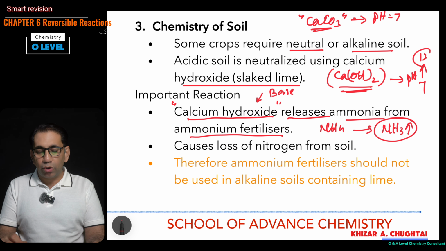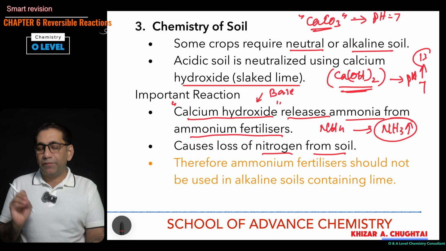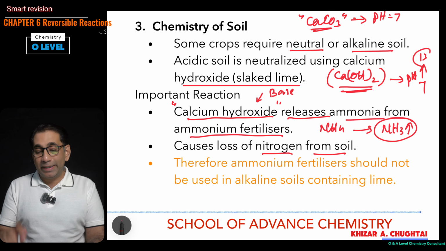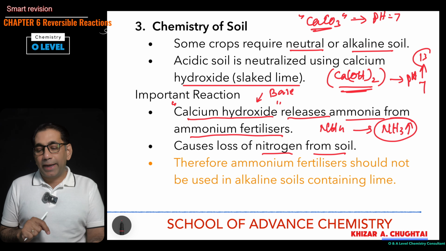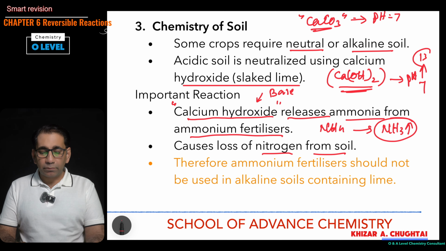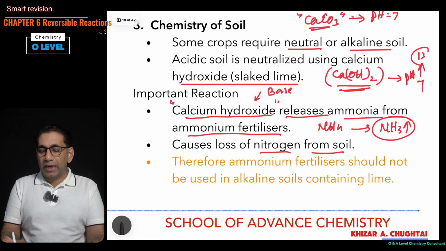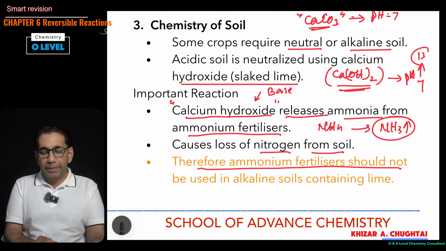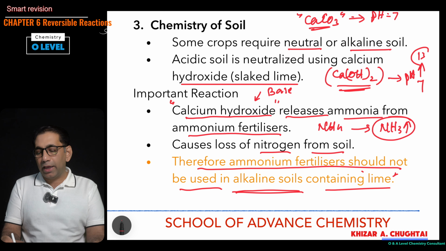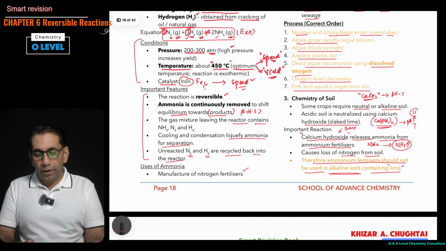So nitrogen content will be lost from the soil. The basic purpose of the fertilizer is to provide maximum nitrogen to the soil, but in this combination, the nitrogen is going to be lost from the soil. Therefore, ammonium fertilizer should not be used in alkaline soil containing lime and so on.